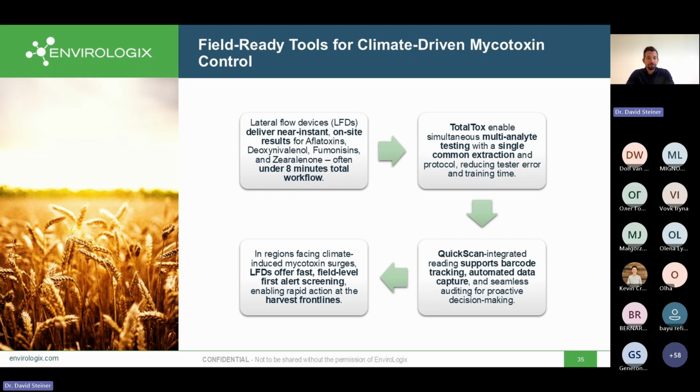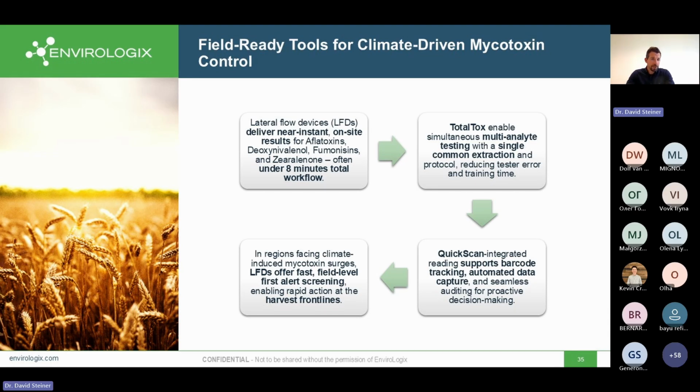QuickScan, on the other side, further enhances the efficiency with automated reading, barcode tracking, and data capture, supporting proactive decision making and seamless auditing.